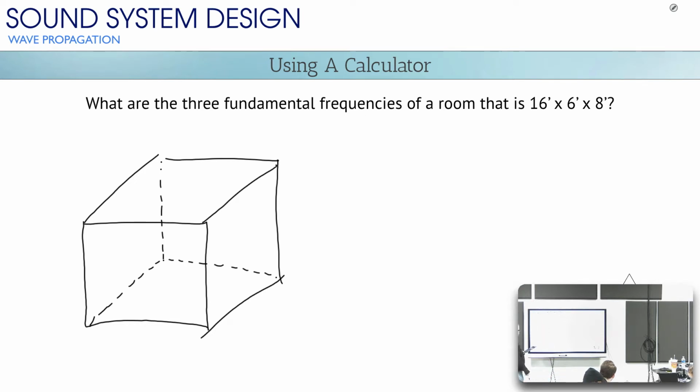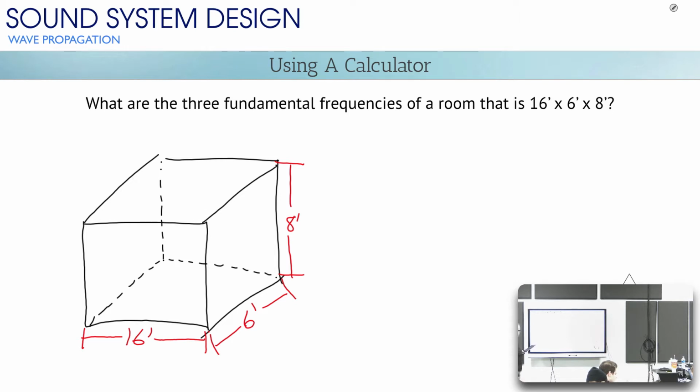So this is some sort of a room, right? It's 16 feet by 6 feet by 8 feet. I'm talking about the distance between walls. From this wall to that wall is, we'll say, 16 feet. This is obviously not to scale, but get the idea. And then from the front wall to the back wall would be maybe 6 feet. And then floor to ceiling would be 8 feet, right? That's what we're talking about here. Does that make sense now?